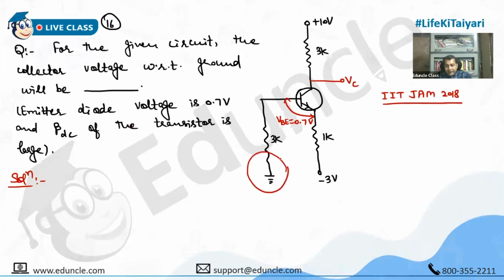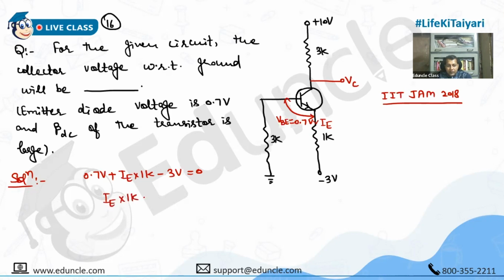There is no battery connected in the base circuit, so VB is 0. It means the IB is 0. So it obviously means IE equal to IC. So this is 0.7. Let us suppose the current through this is IE. So then it will be 0.7 volt plus IE into 1K minus 3 volt equal to 0.